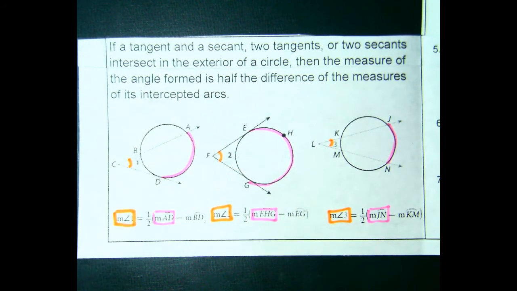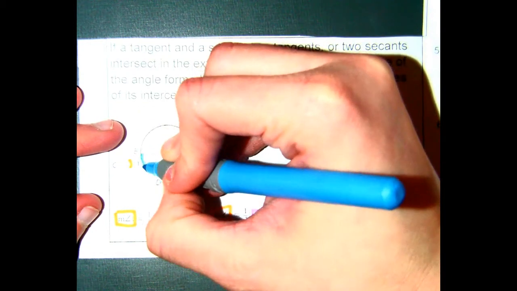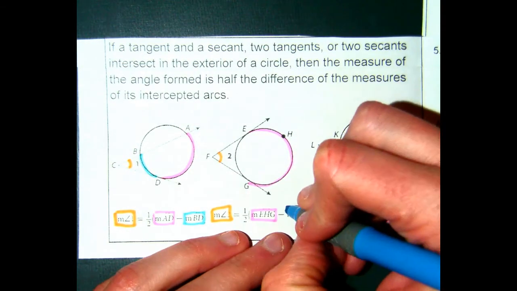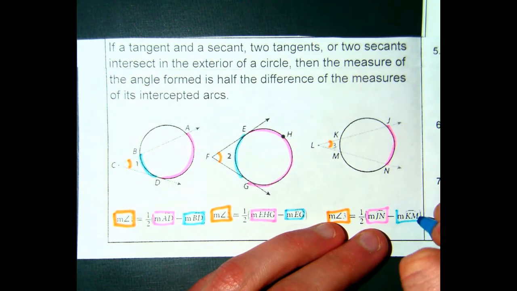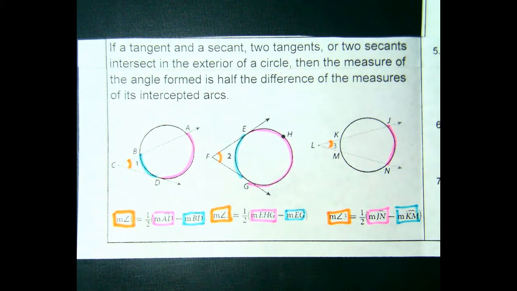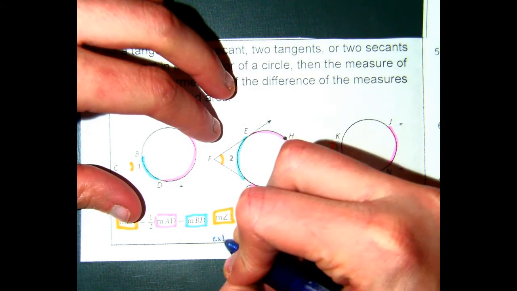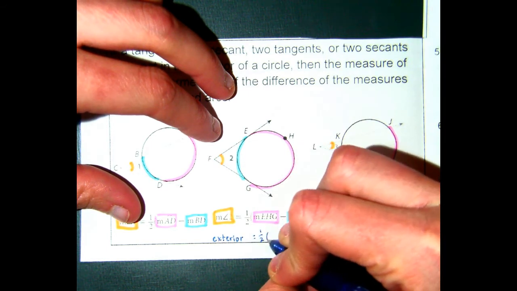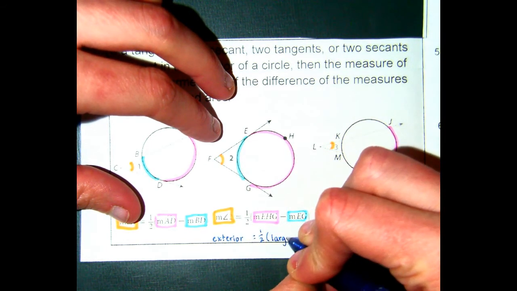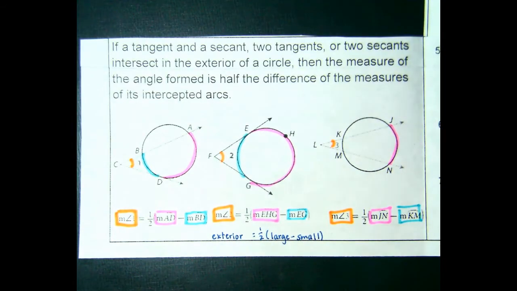Minus the small. It's not necessarily that it's always large minus small. The idea, though, is that it's the one further away. It will actually be larger minus smaller, but that's what all these are saying. The exterior angle equals 1/2 large minus small. That's what every single one of these is.